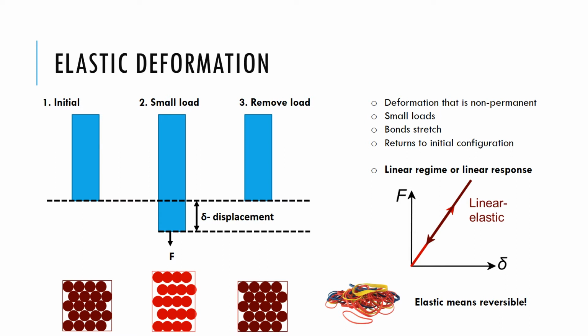And importantly, if you were to plot the load or the force that you apply to that material versus its displacement, then that region is linear. There is a linear dependence. Importantly then, elastic deformation is entirely reversible.